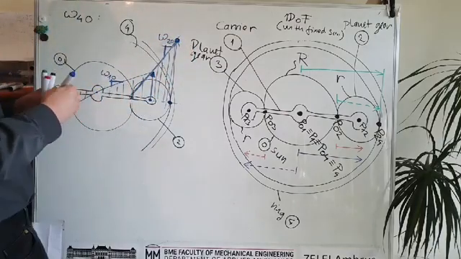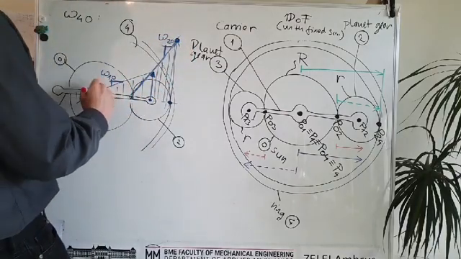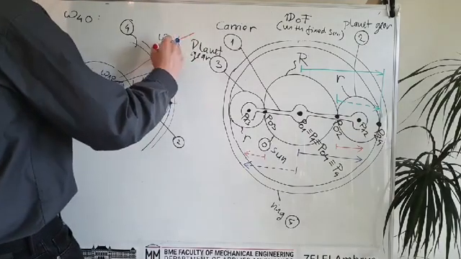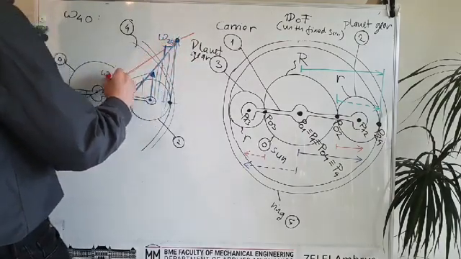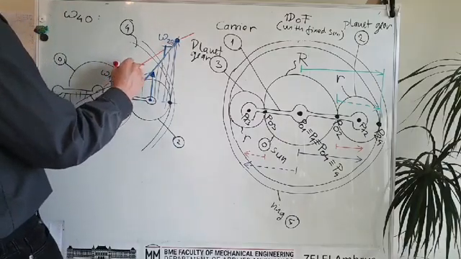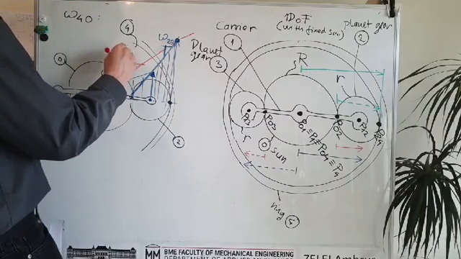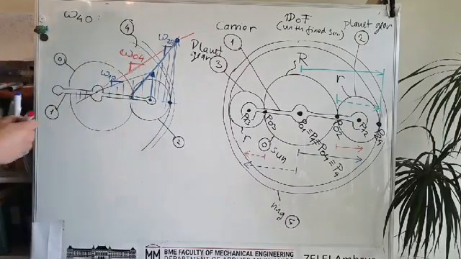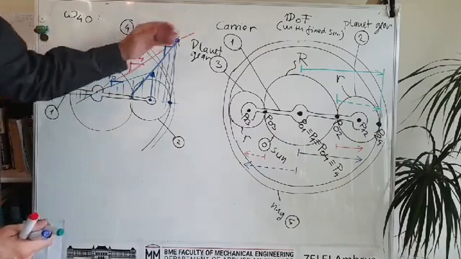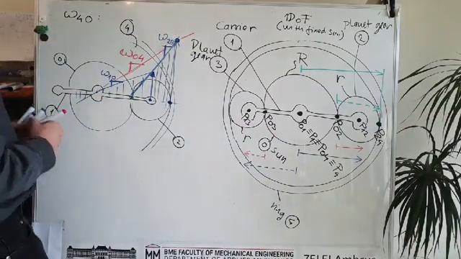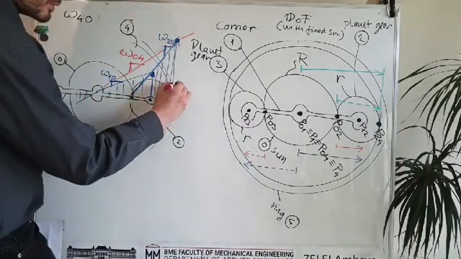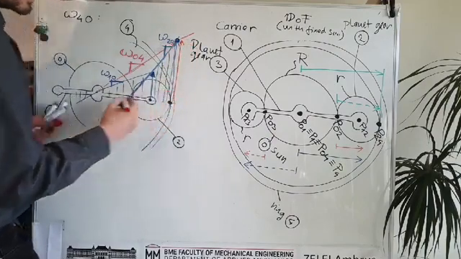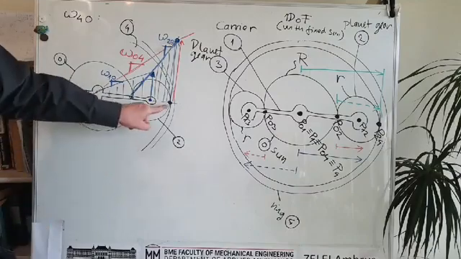And by using this construction line here, the slope of this construction line will give us the angular velocity of the ring. So this slope gives us the angular velocity of the ring, because the ring has the same speed out here, and this speed must be equal to the speed of the planet gear out here.